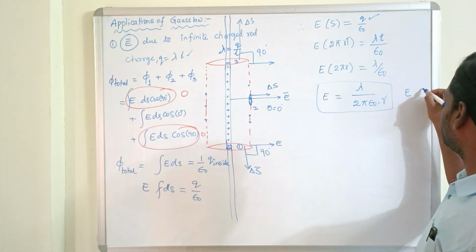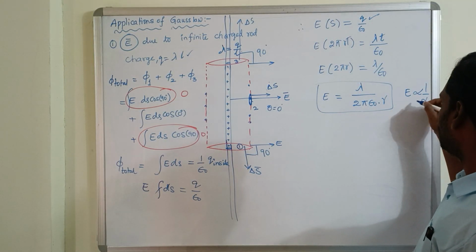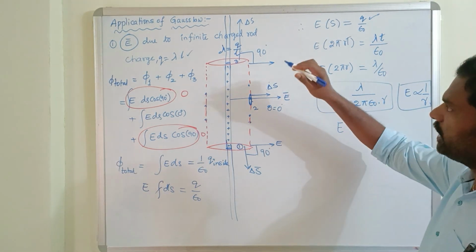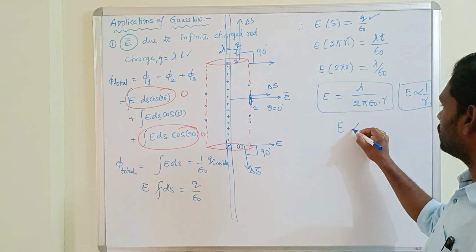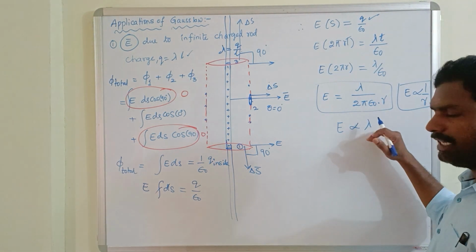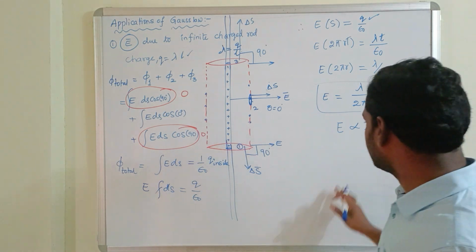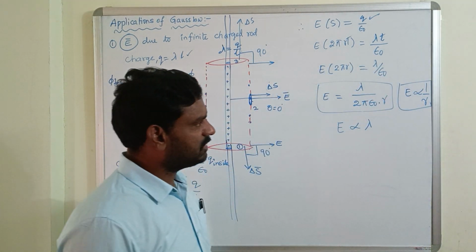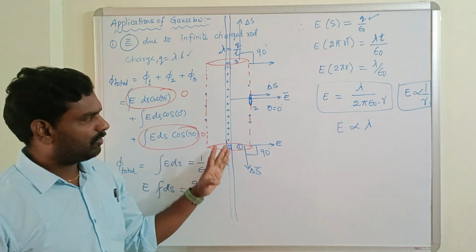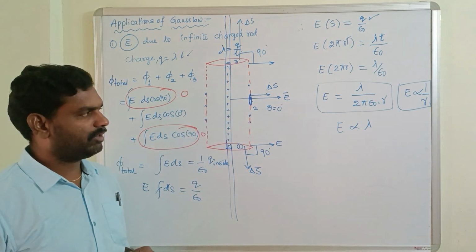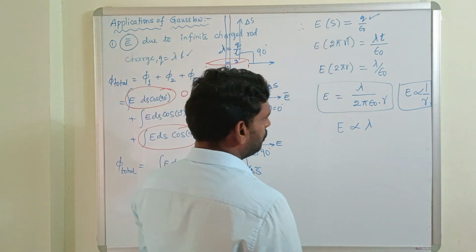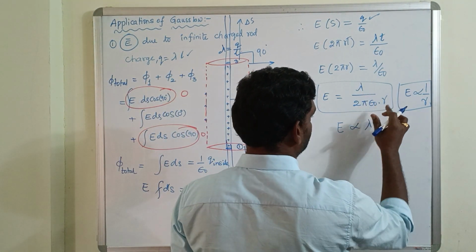So the electric field is inversely proportional to r. And also the electric field due to an infinite charged wire is directly proportional to lambda, which is nothing but the linear charge density. It is directly proportional to linear charge density and inversely proportional to the distance from the wire to that point where we want to find out the electric field.